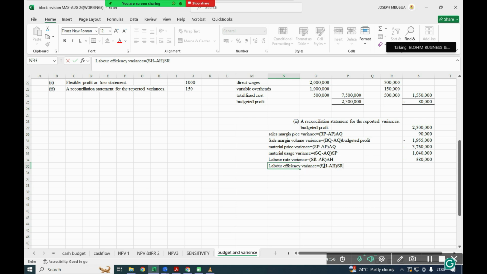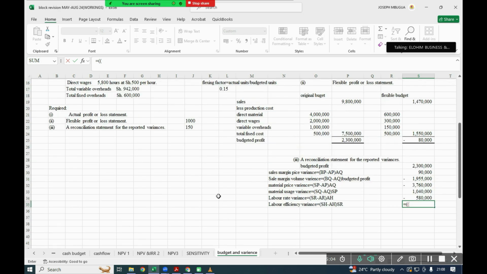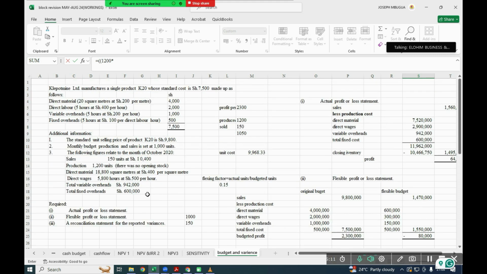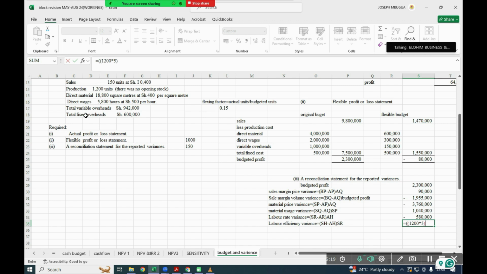And again, here when you talk about the standard, it's standard in actual. So we had budgeted to produce 2, still 2 comes into play. And 1 unit, we had budgeted it will consume 5 hours. I close that.